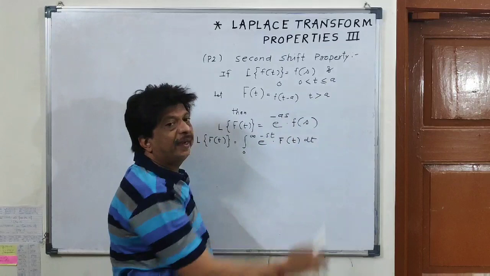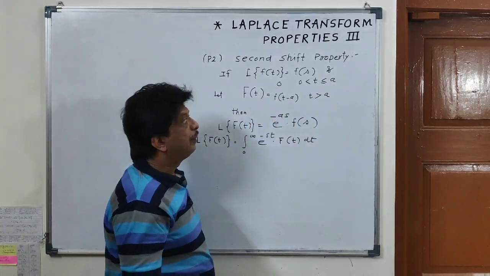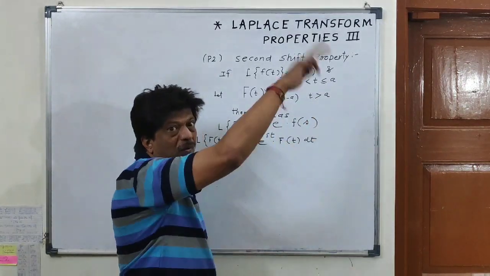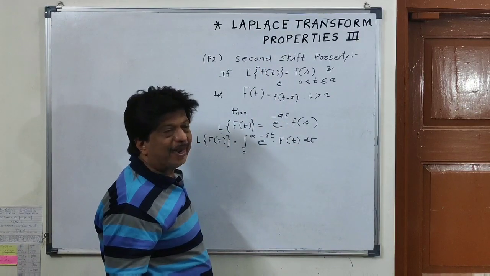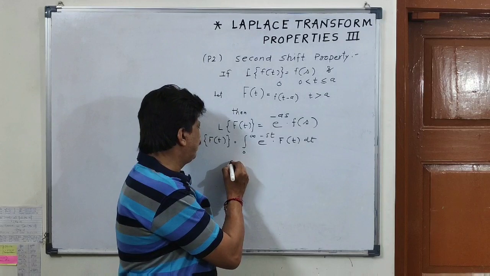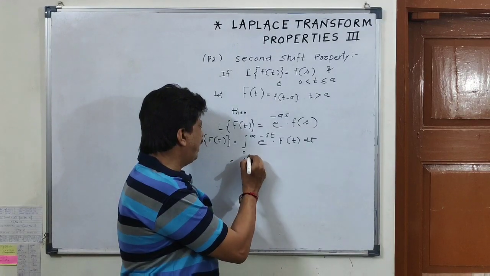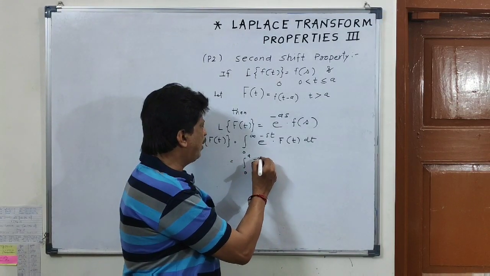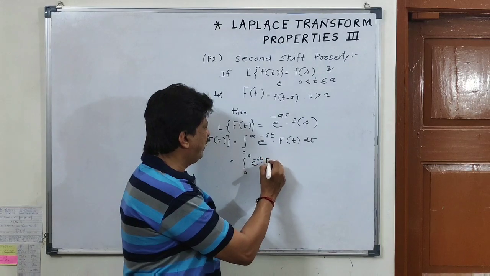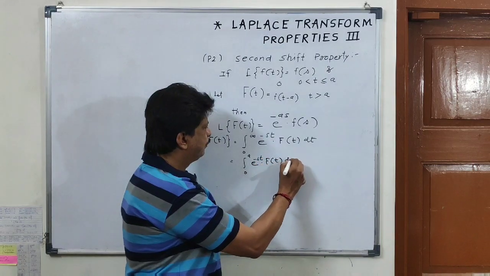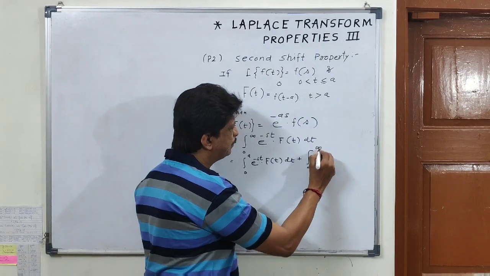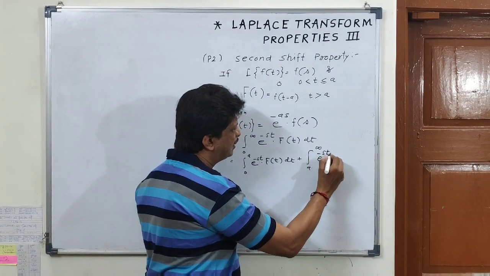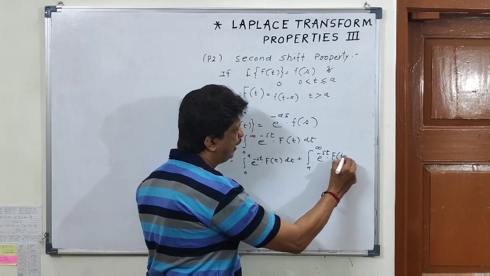From 0 to a, its value is 0. And from a onwards to infinity, its value is small f of t minus a. So this is equal to integral 0 to a e raised to power minus st into F of t plus integral a to infinity e raised to power minus st into F of t.